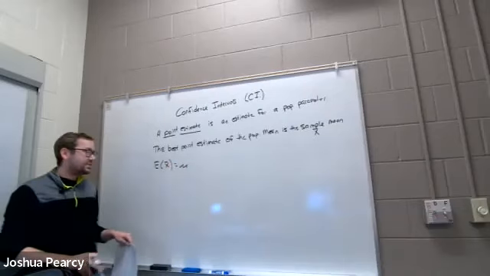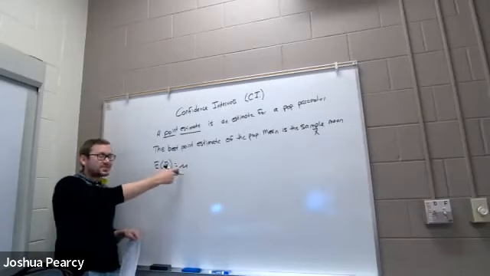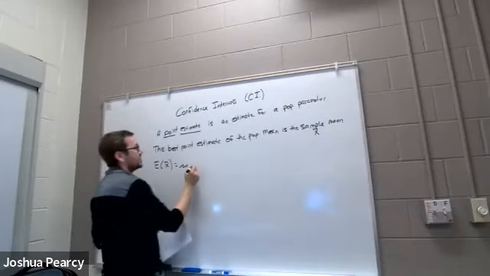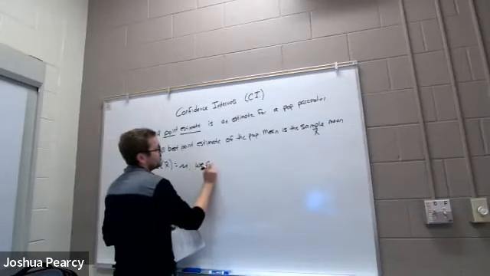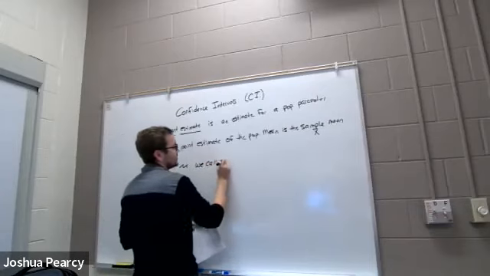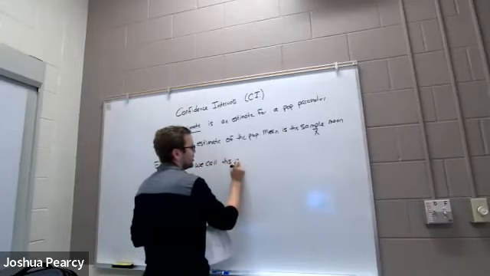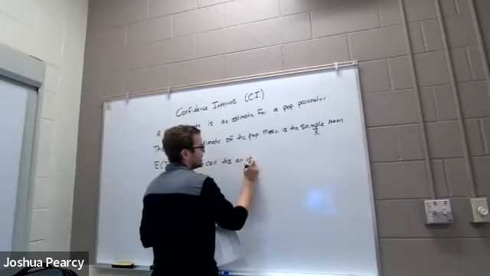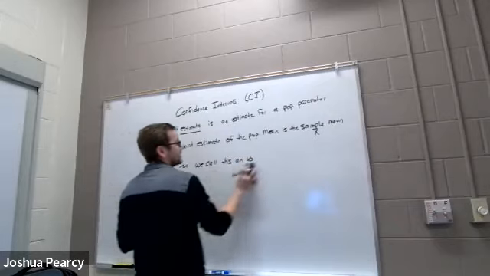So when this happens, when the expected value of something is actually equal to the population parameter, we call this an unbiased, that's how you spell unbiased.